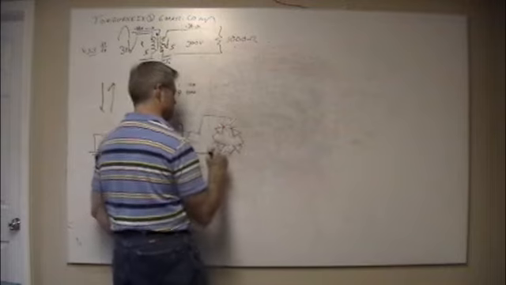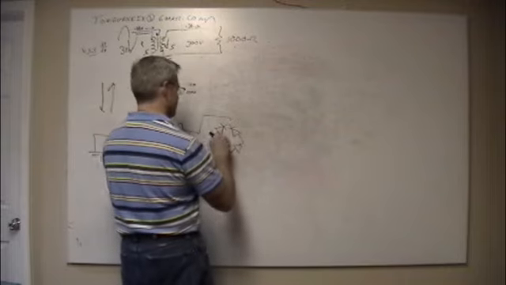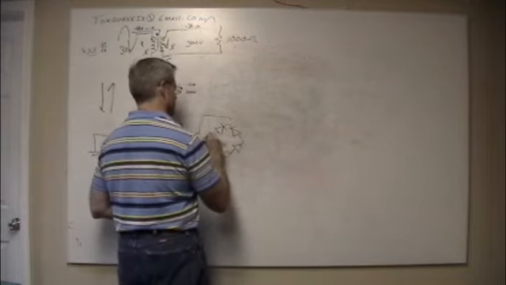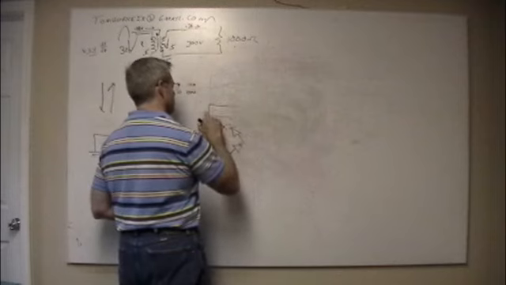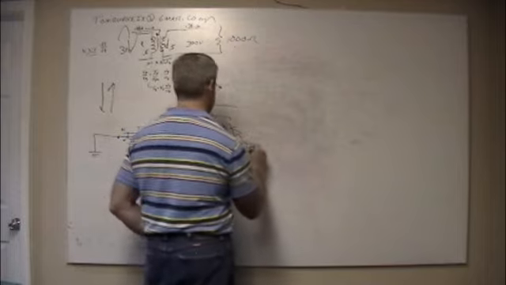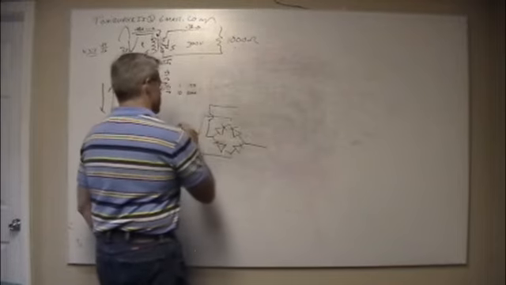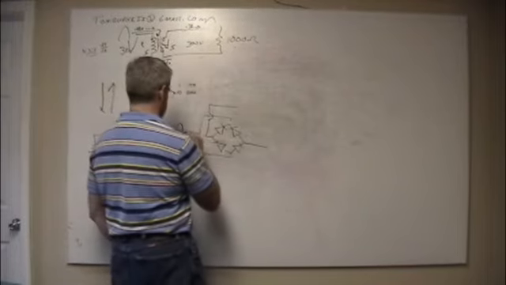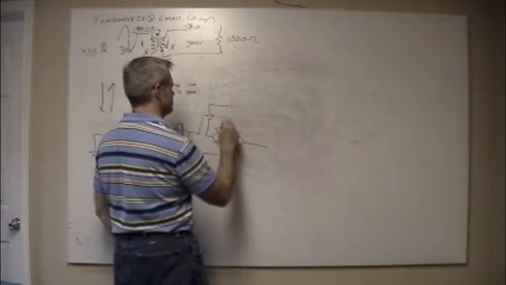If he's positive, it flows here. Let me do this to make it really clear. If he goes positive on this side, it's blocked.